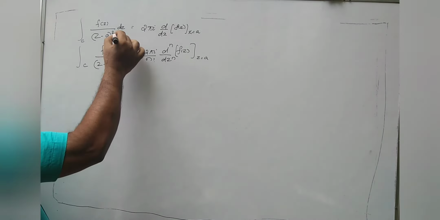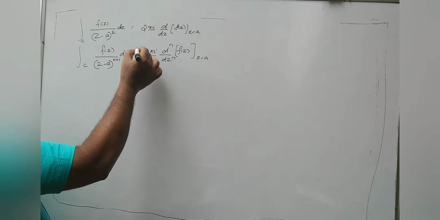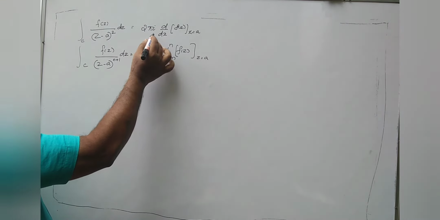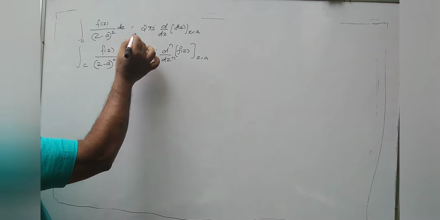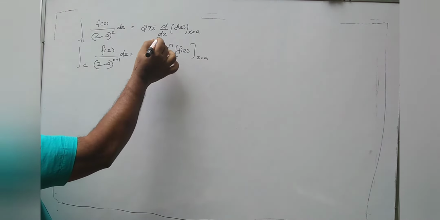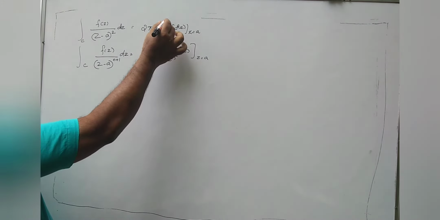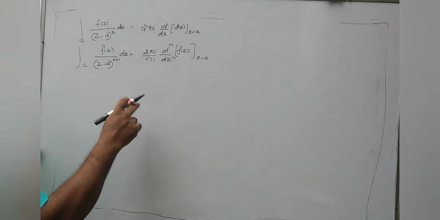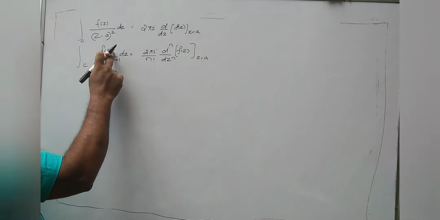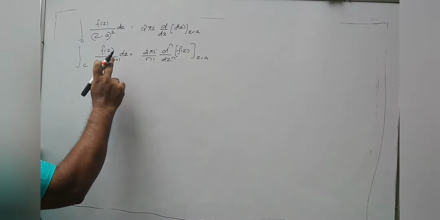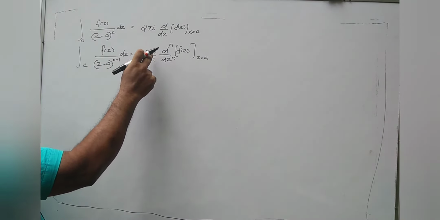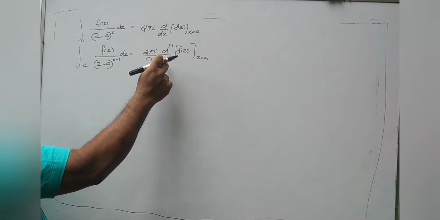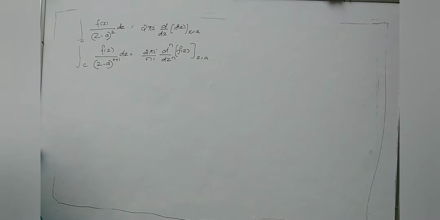Here the power is 2, so we take 1 less than the power: 2πi divided by 1 factorial, d power 1 by dz power 1. So this is the formula. In general, the integral over C of f(z) by (z minus a) whole power n plus 1 dz is equal to 2πi divided by n factorial into d power n by dz power n of f(z) at z equal to a.